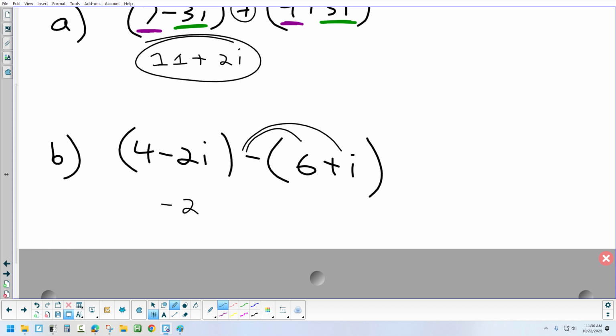And what about the imaginary part? Negative 3i. Negative 2i minus i is negative 3i. So it's exactly the same thing as if you had 4 minus 2x minus 6 plus x. You do it the same way. And if you get 1i, you just write i. If you have 1i, you could just write i.